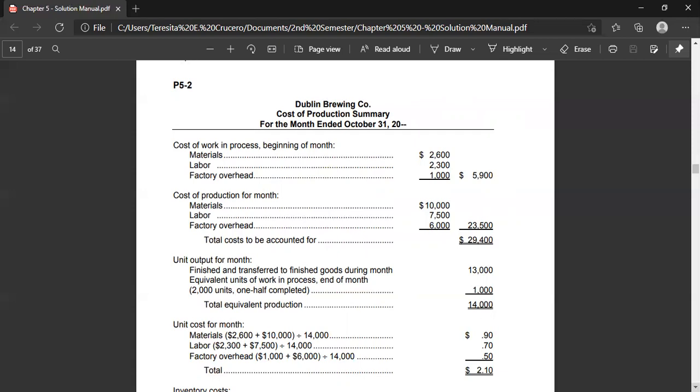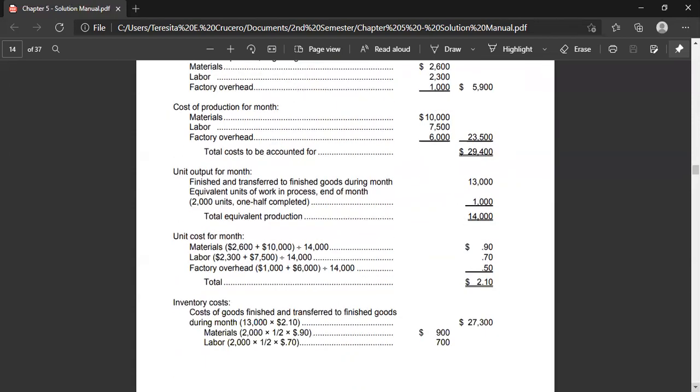So finally, computing for the unit cost for the month, materials 2,600 plus 10,000, we get total of 12,600, and then we divide it by 14,000. Now that's your equivalent production. Then we get the unit cost of materials, labor, and factory overhead.